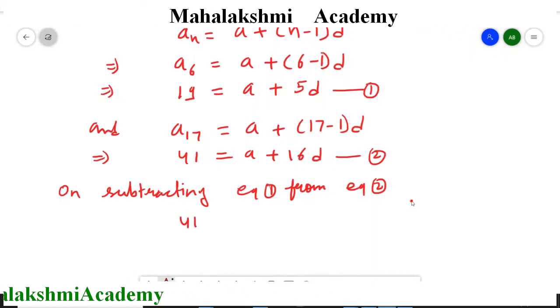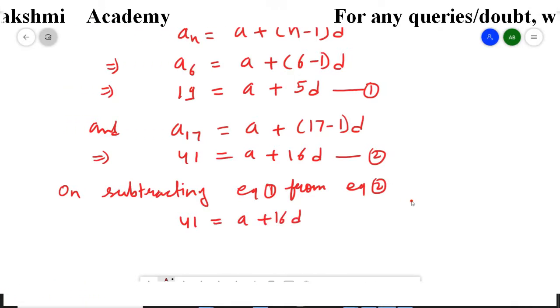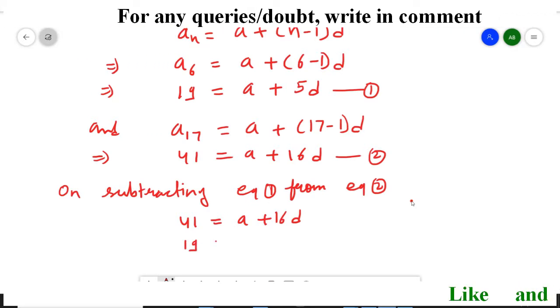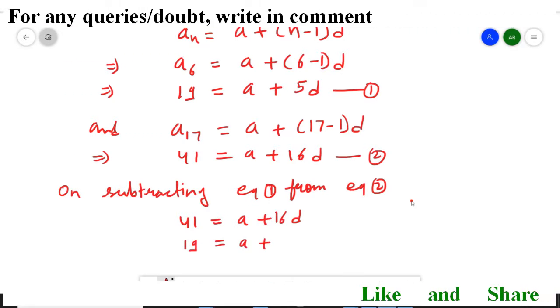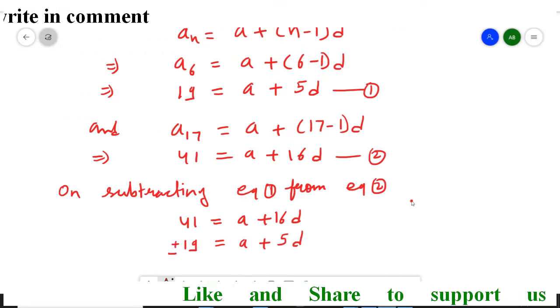So it's going to be 41 is equal to a plus 16d. Under that we'll write the first equation, 19 is equal to a plus 5d. Since we are subtracting, we change the sign.